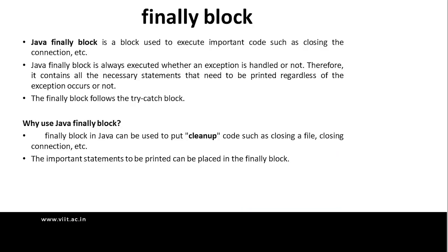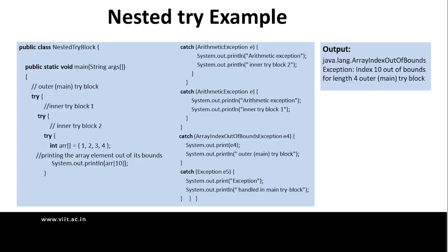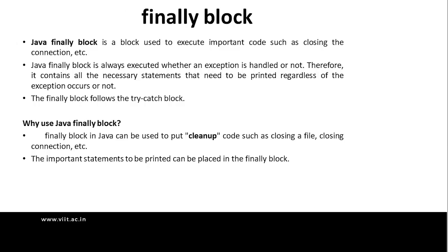So this is the importance of the finally block. How bottleneck will increase if you do not use a finally block: for example, you are using database connections and due to an exception the connection will not close, and every time the program will keep creating connections. In that case your limited connections will not be available, and it creates a bottleneck for database related applications.